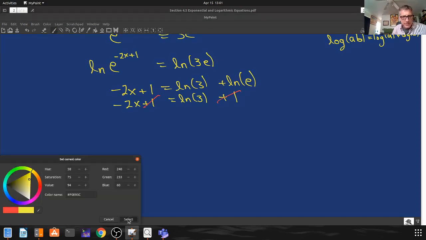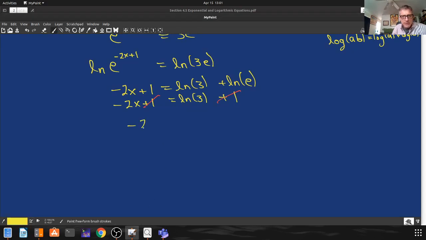And we get minus 2x is equal to the natural log of 3. So x is equal to the natural log of 3 divided by minus 2. So we'll figure out what that is.